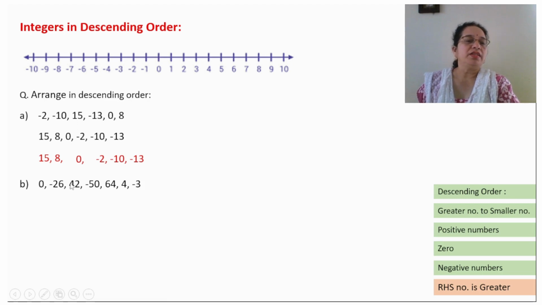Now take the another example. So first arrange all the positive numbers and then all the negative numbers. Now we will arrange these positive numbers in descending order. So first one will be 64, 42 and 4. Then 0 will come, and now here -3, -26, -50.